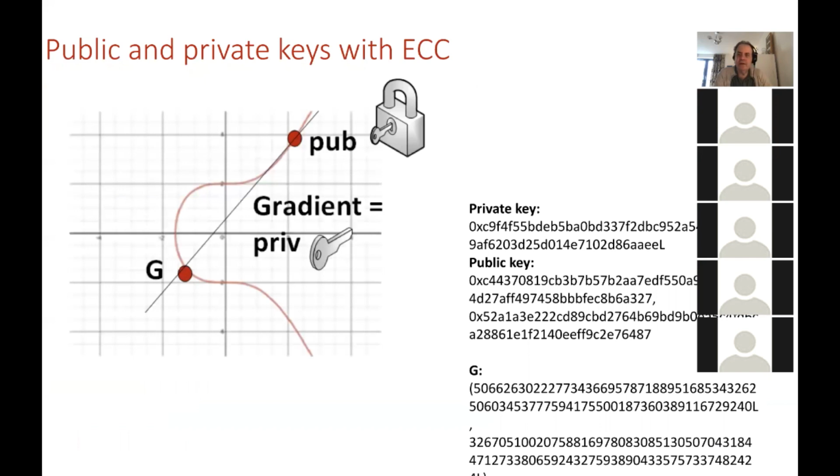So as you remember with our elliptic curve, we have our generator point, we have our private key, and then we add G a number of times, private key times G, to give us our public key point.